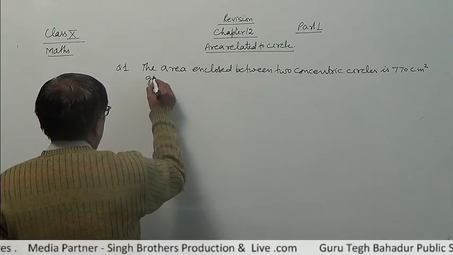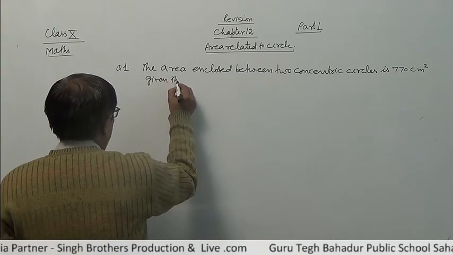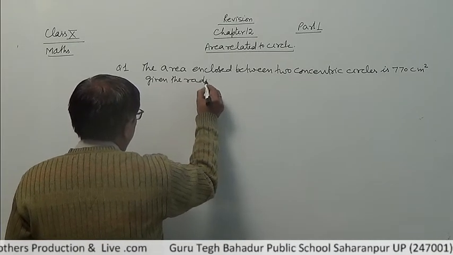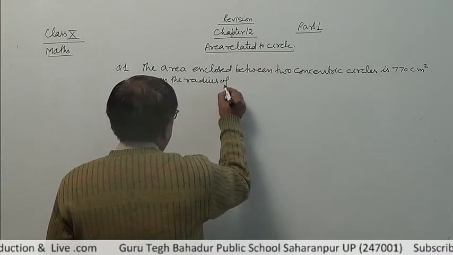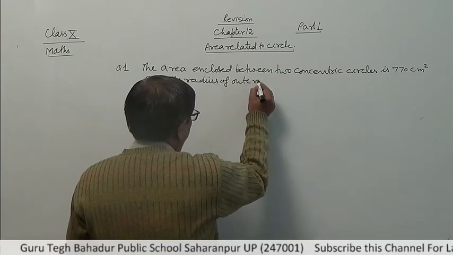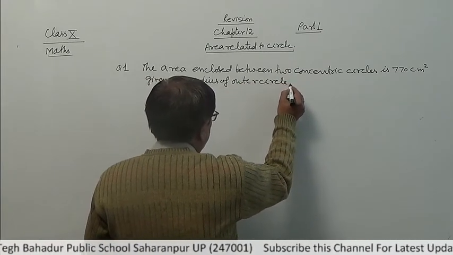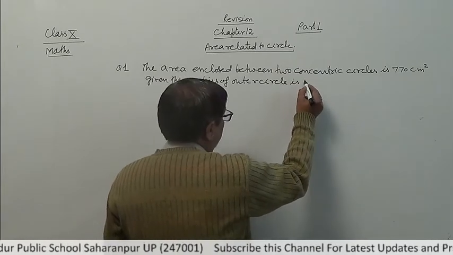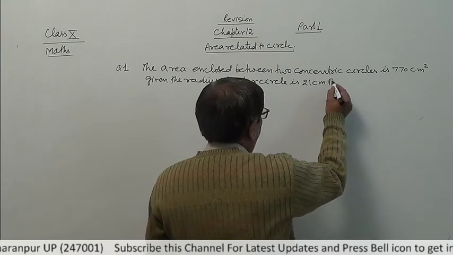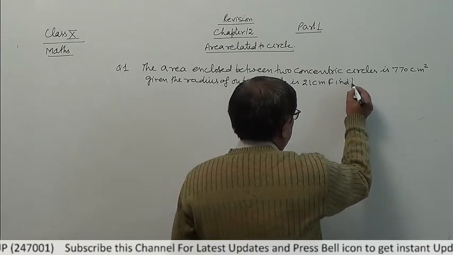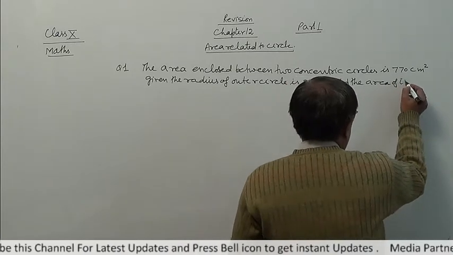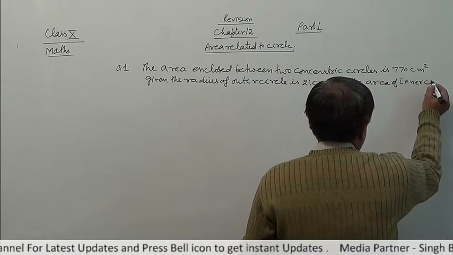Given that the radius of the outer circle is 21 centimeter, find the area of the inner circle.